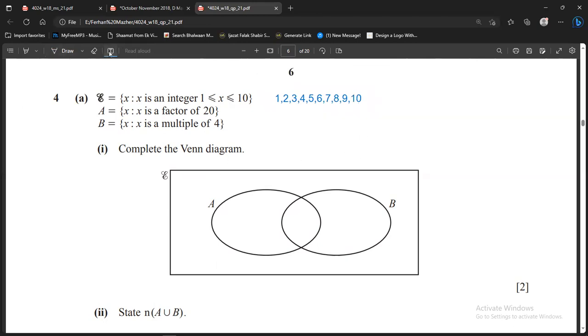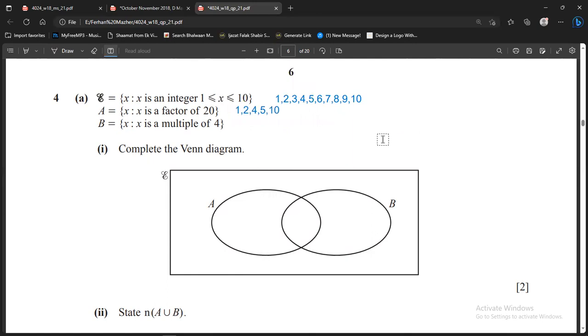So then we have here, it says factors of 20, they are 1 comma 2 comma 4 comma 5 comma I think 10. Yeah.